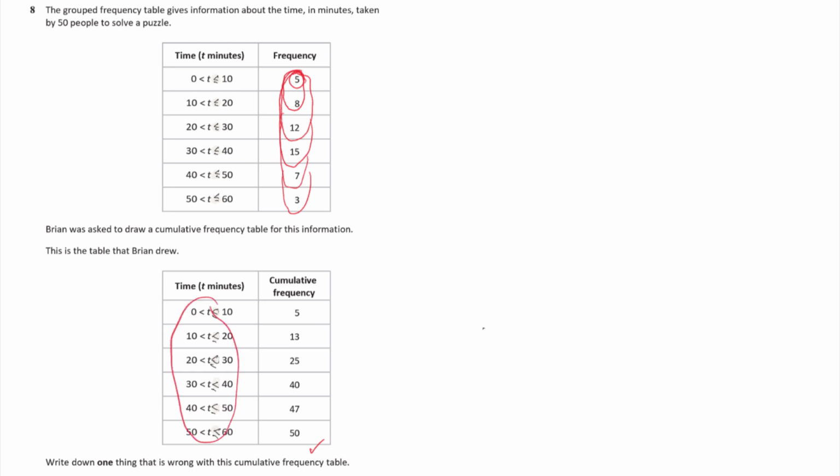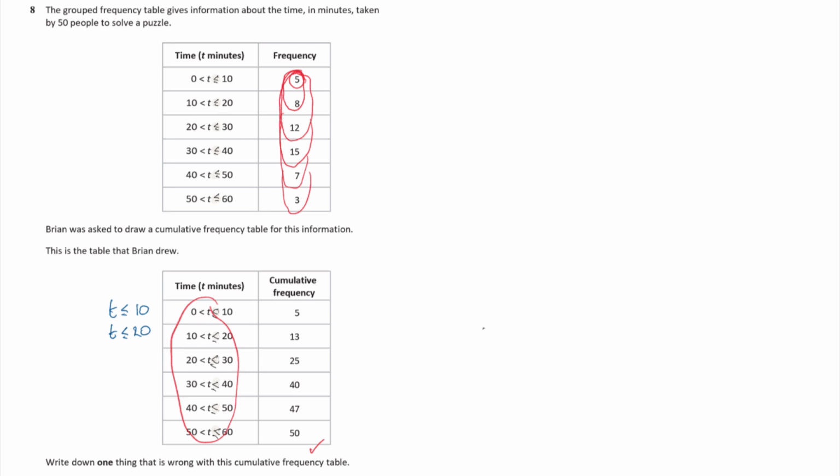Now you'll notice that this is labelled the same way as the frequency table, and that's not what you do. So actually this first group should be labelled t is less than or equal to 10, because it includes all the values less than or equal to 10. This next one should be t is less than or equal to 20, so it includes all the values that are less than 20.